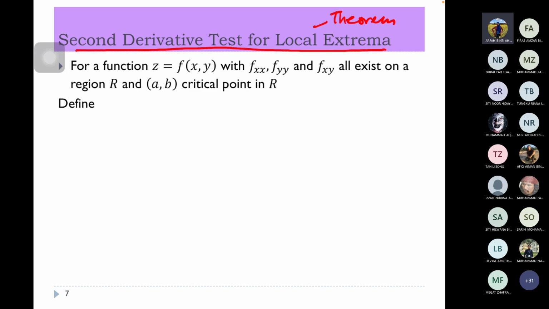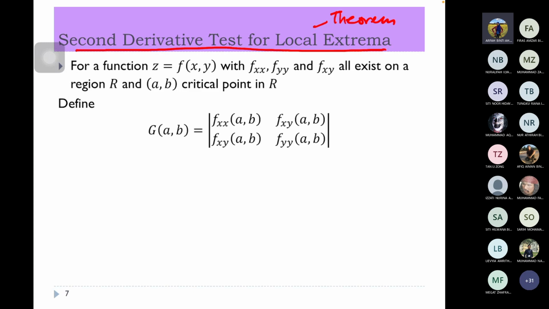For a function z equals f(x,y) with second order partial derivatives with respect to x and y all existing in the region of the real numbers, and (a,b) is a critical point in R. So we will define G(a,b), taking the cross multiplication, which is fxx darab fyy, fxy darab fxy.